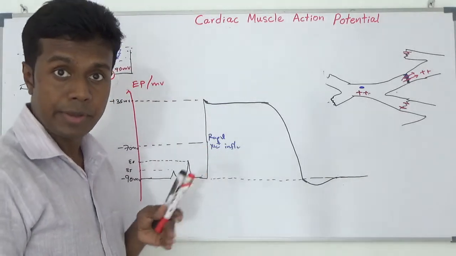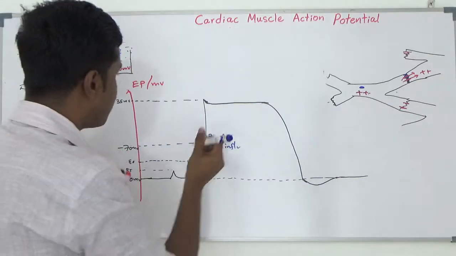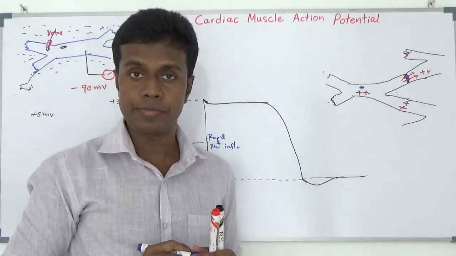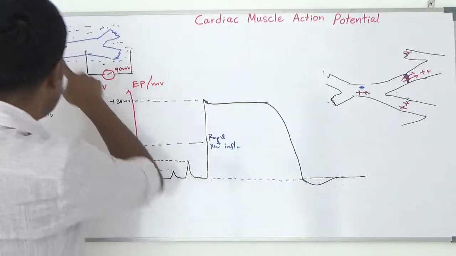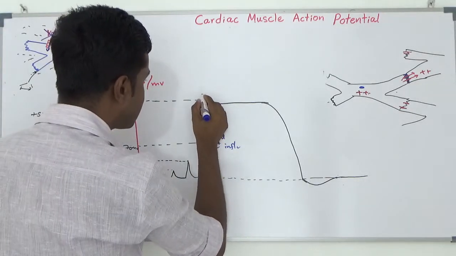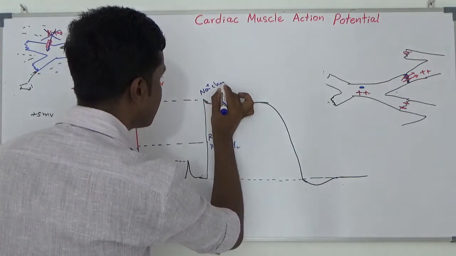Not only diminish, it went up to plus 35. Once it comes to plus 35, your sodium channel is suddenly off. This channel is going to be suddenly off once it comes to plus 35. Here, sodium channel off.